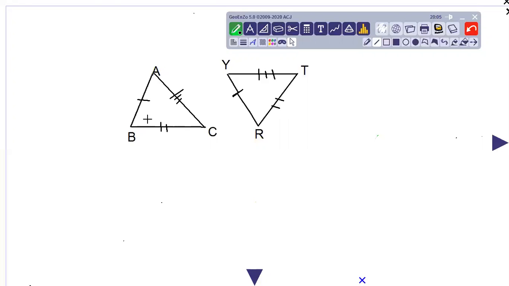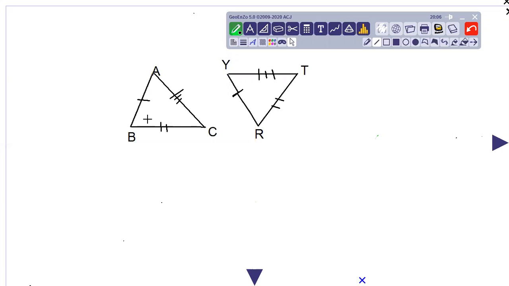Then you have learned in your class 7 that if all the 3 sides are correspondingly equal to each other, one by one, then by SSS congruence theorem, the 2 triangles are congruent. That means by knowing only 3 sides correspondingly equal to the 3 sides of the second triangle, without knowing anything about the angles, whether the angles are also equal or not, we say that the 2 triangles are congruent by SSS congruence theorem.